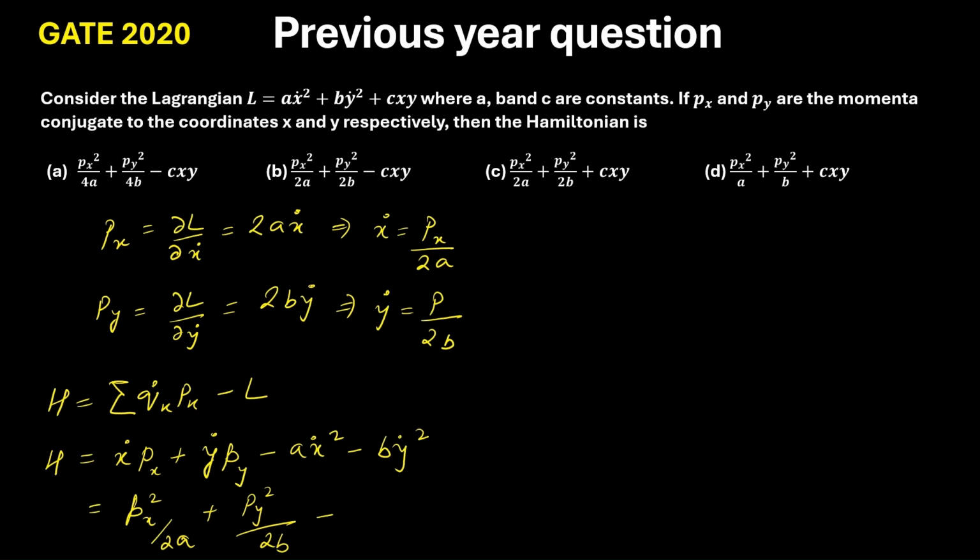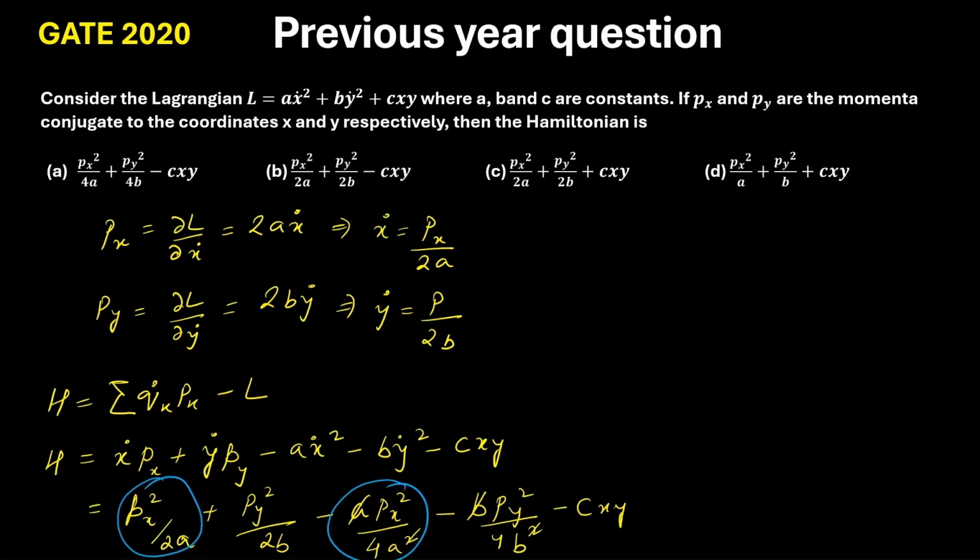Oh, there is one more term in the Lagrangian. It's minus cxy. I forgot to put this. Now here I can write a px square by 4a square, so a will cancel out. Similarly for the next term, minus b py square by 4b square, so this one will cancel out. And finally we have cxy. Now this term and this term we can simplify, and similarly this term and this term we can simplify.